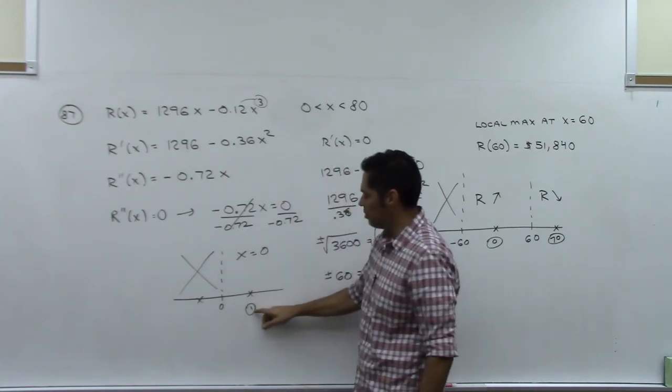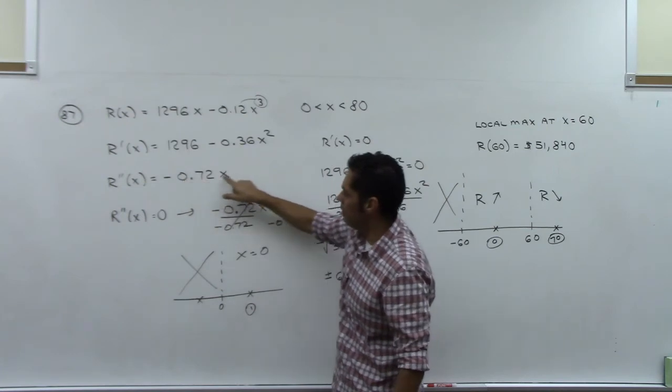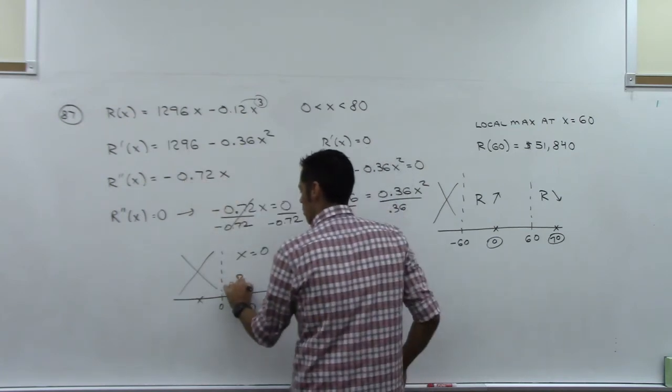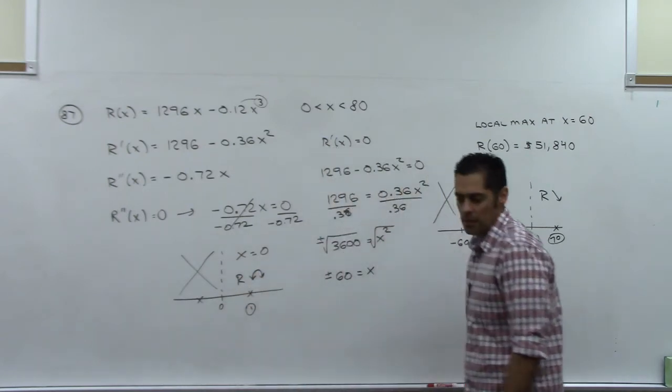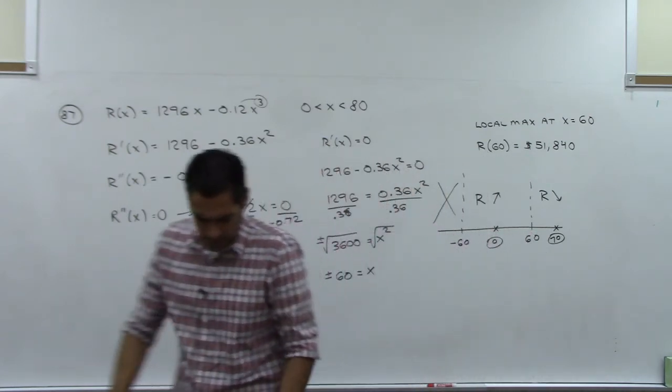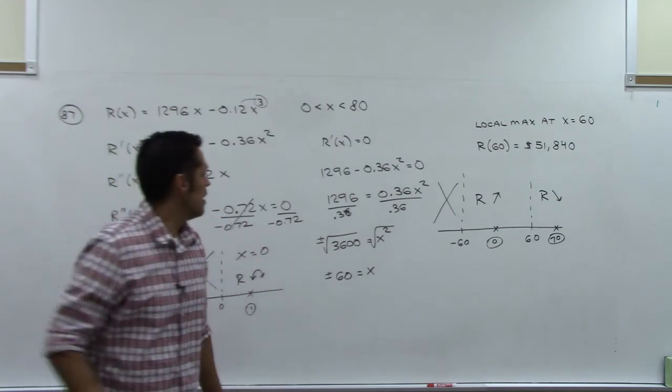And I plug that into the second derivative. So if I plug 1 in right here, I'm going to get a negative number, which means my original revenue function is concave down there. So it asks on which intervals of the graph is the revenue function concave up or concave down?